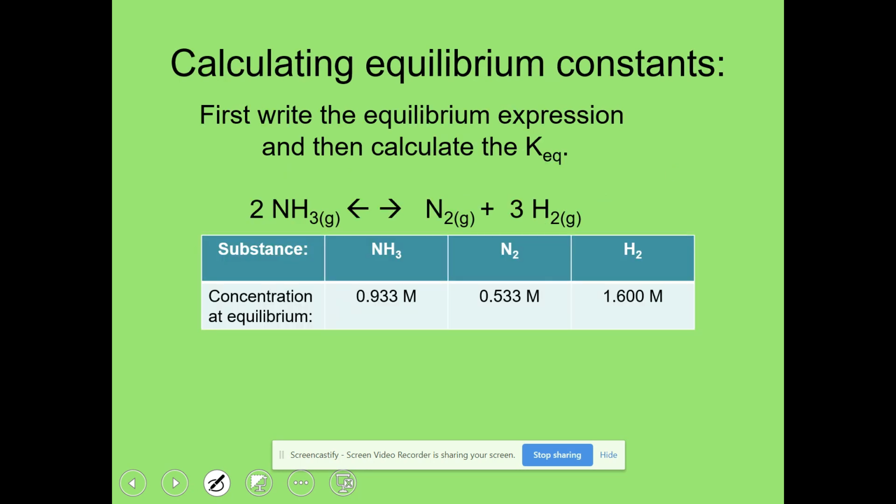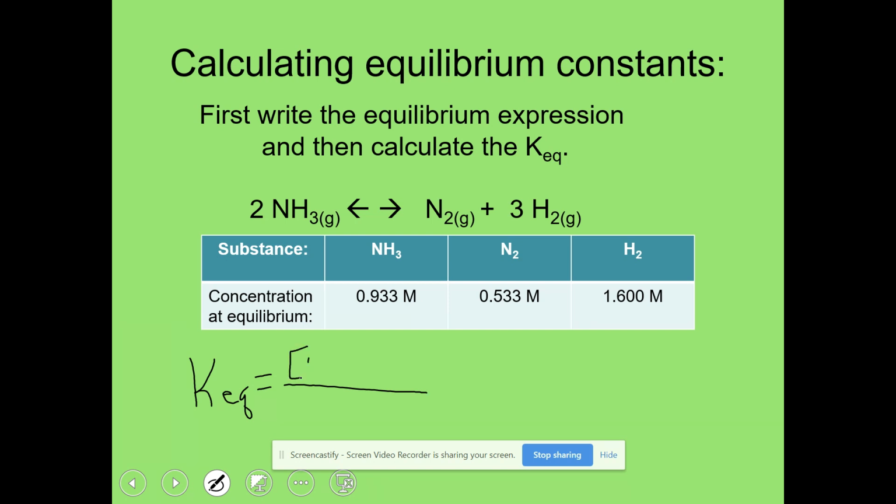All right. So now that you know how to write the expression, you can actually put some data in that allows you to calculate a value for the KEQ. Whenever you have a reversible reaction, first you have to write the expression, then you can plug in the numbers.